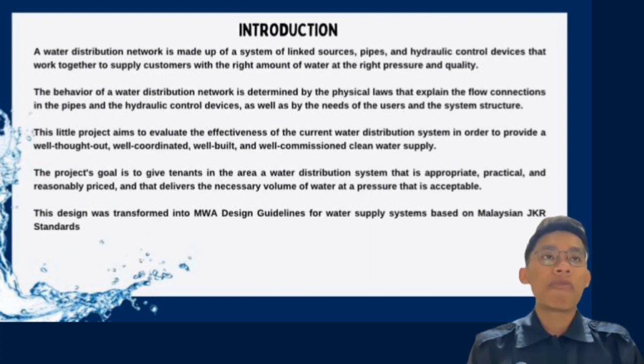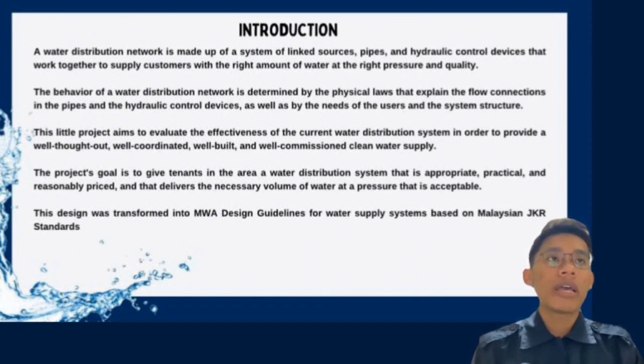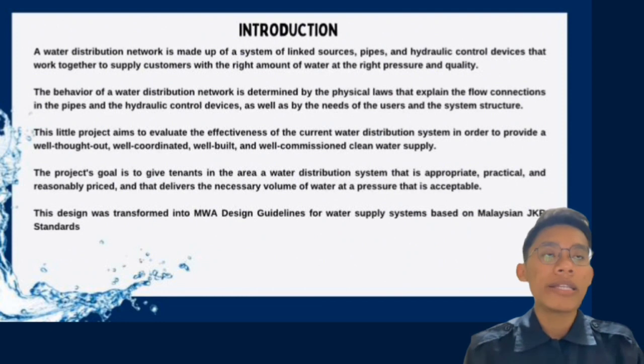The behavior of a water distribution network is determined by the physical laws that explain the flow connection in the pipes and the hydraulic control devices, as well as by the needs of the user and the system structure.